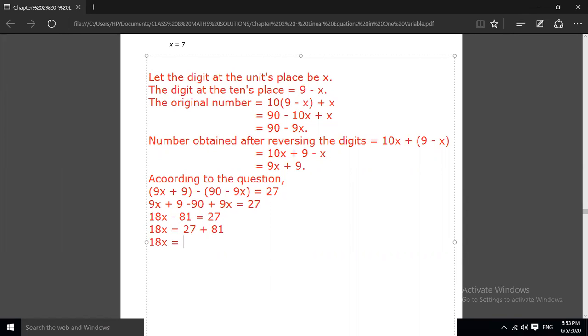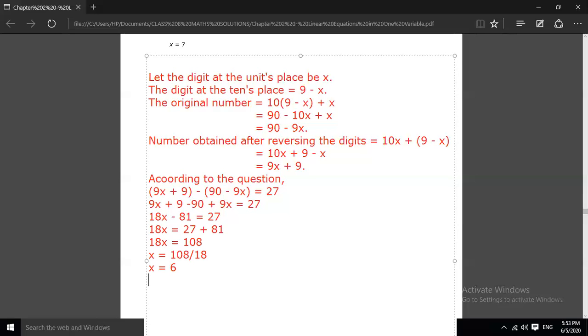So 18x is equal to 108. To find the value of x, 108 should be divided by 18, because when 18 comes to the other side, it divides 108. So x is equal to 6. So what is the original number?